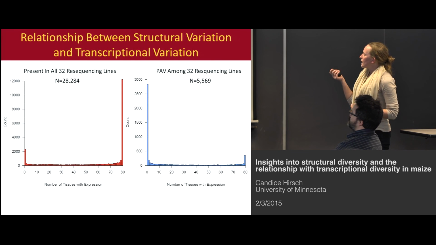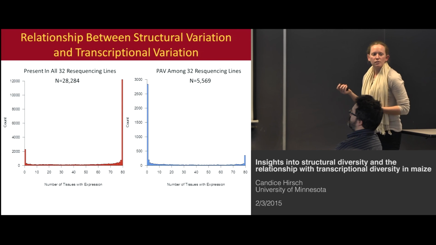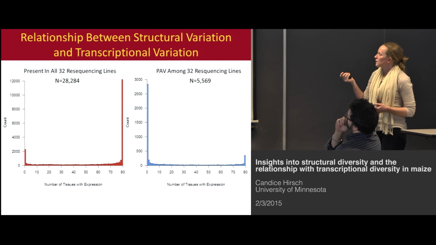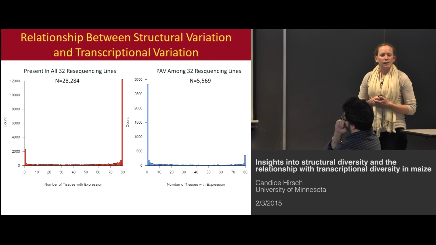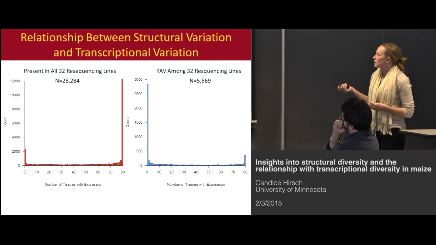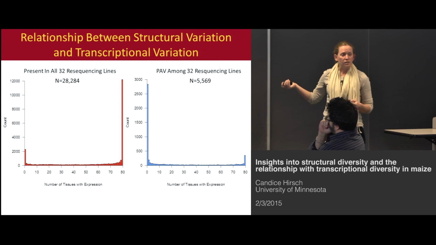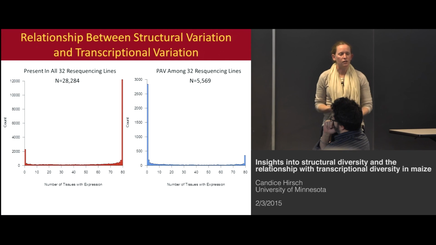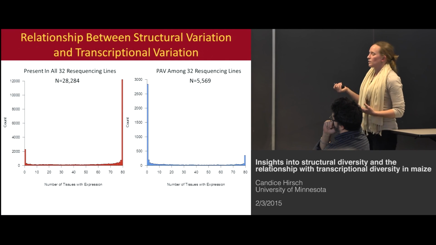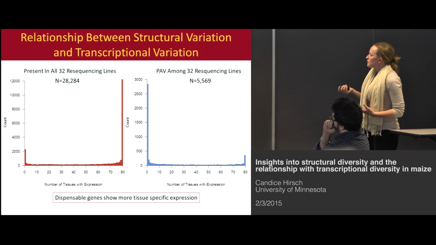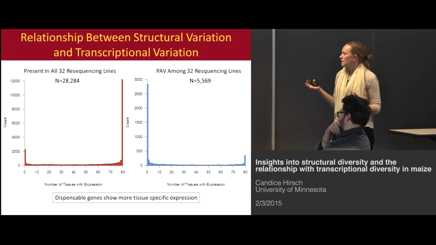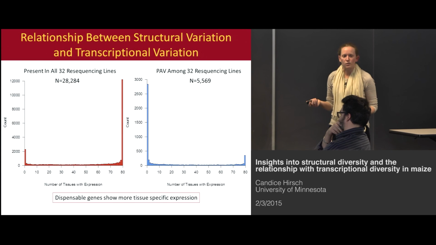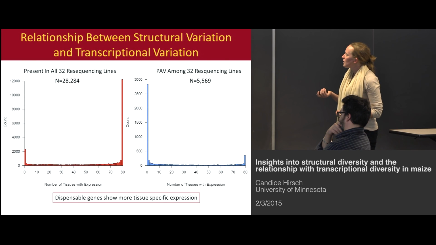If they show presence-absence among the 32 individuals, they tend to be not expressed or expressed in very few tissues, or they're going to be very condition-specific expression, and so we didn't capture it in the tissues that we looked at, because we didn't put these under any kind of stress or anything else. These were just grown under standard conditions. So dispensable genes tend to show much more tissue-specific expression than core genes.